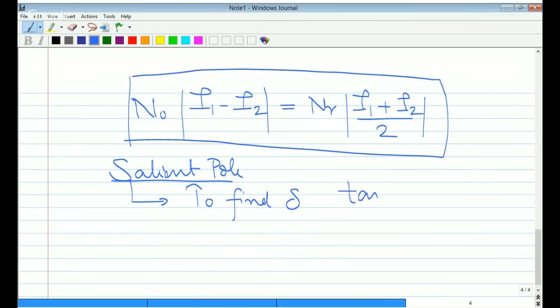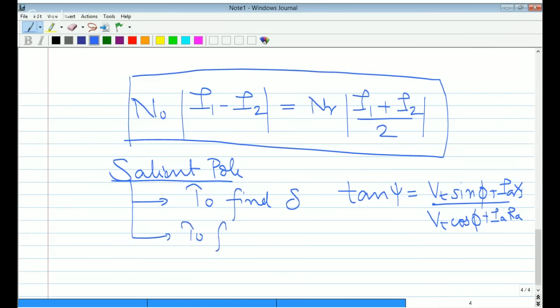For that, we can remember the formula of tan psi equals Vt sin phi plus Ia Xq over Vt cos phi plus Ra Ia, with plus or minus based on lagging and leading. The next one is to find power. For that, we can remember the formula for power. And the last one is to find EMF. This can easily be done using phasor diagram. So these sort of questions can be expected from a salient pole type of machine.